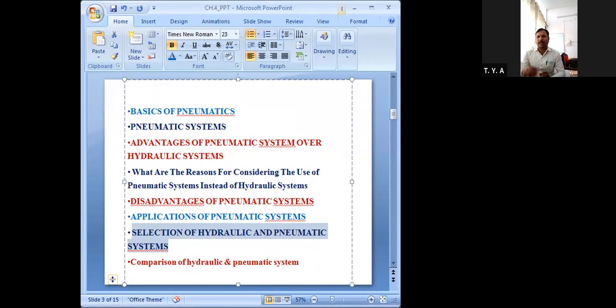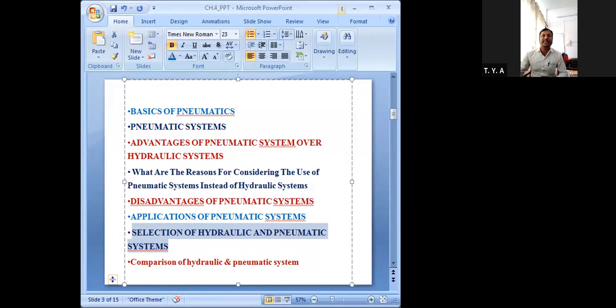But there are some guidelines that may be followed while selecting any one system out of hydraulic and pneumatic. So now we have both systems in front of us, the pneumatic system as well as the hydraulic system. Out of that, we have to select any one which will be suitable for our application. To select that, there are some guidelines.